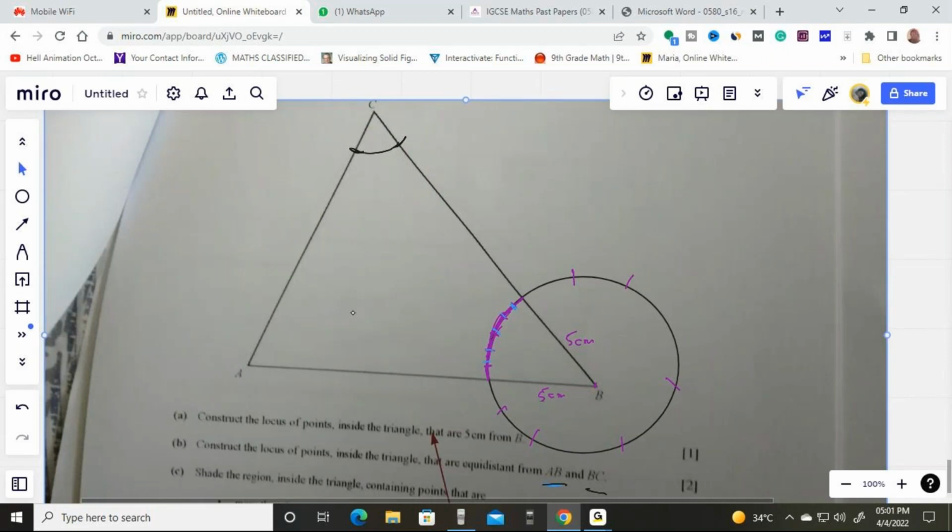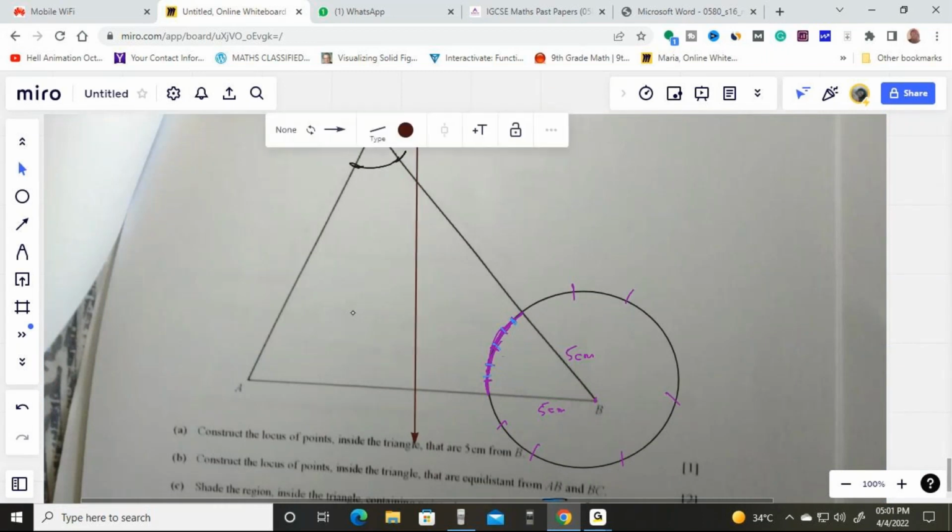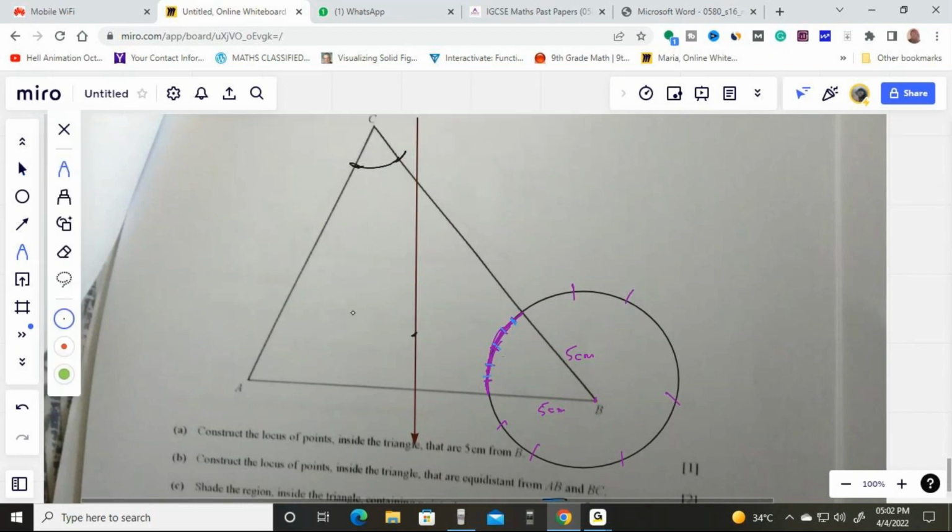For example, let me make this clear. This is the perpendicular bisector of your AB, right? So if you pick up any point on this perpendicular bisector, for example this point, and its distance from AB is 2 centimeters, is its perpendicular distance from your BC also 2 centimeters?